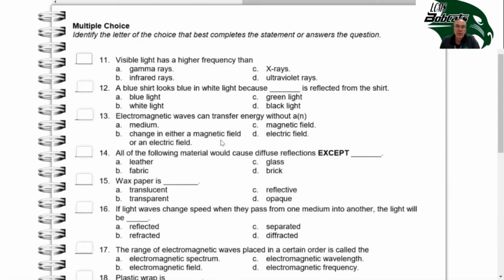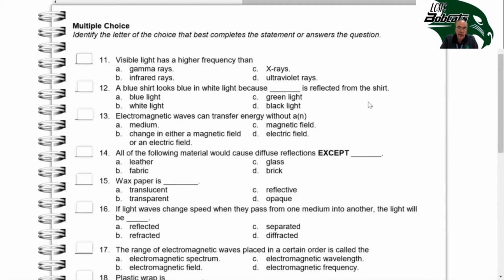Okay, this is page 2 of the study guide. Visible light has a frequency higher than. All right, so visible light is on the spectrum of Roy G. Biv: red, orange, yellow, green, blue, indigo, and violet.